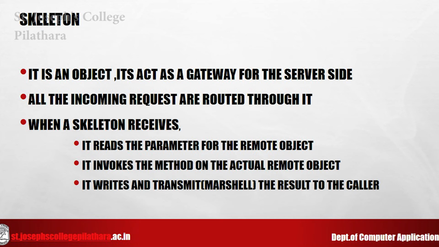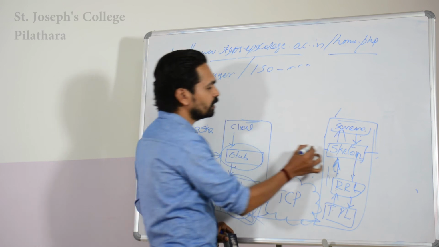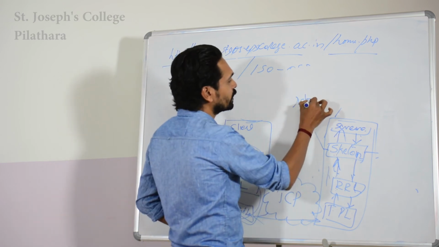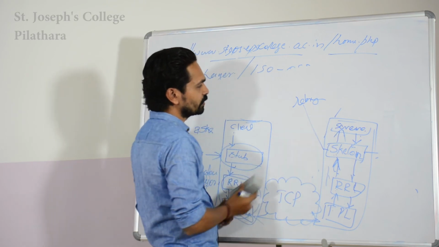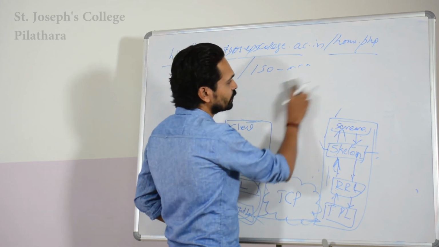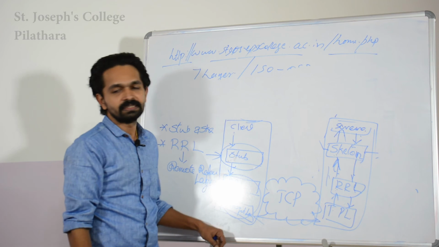When the skeleton receives, it reads the parameters the stub sent, and a rebinding procedure goes on, and then that request is sent to the server. That is known as the gateway of the server.